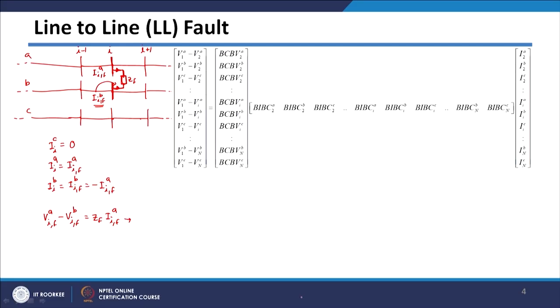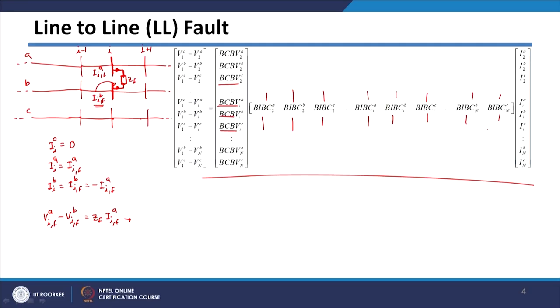Now, if you see this matrix which we have used for load flow calculation, where we have written all the BCBV matrices as rows, and all the columns of BIBC matrices are shown here. So, these are nothing but columns of BIBC matrices.